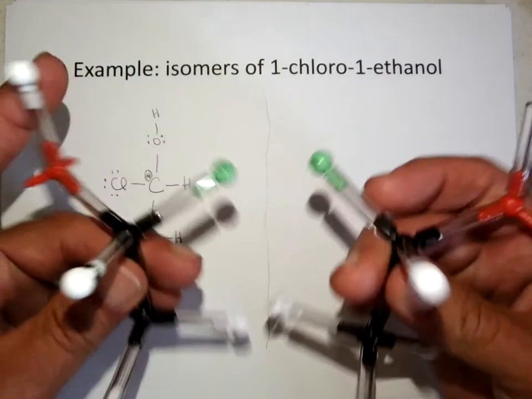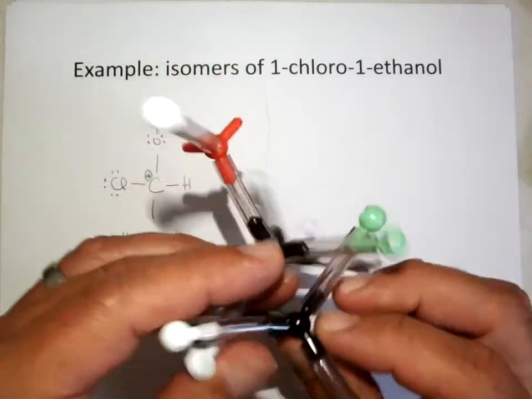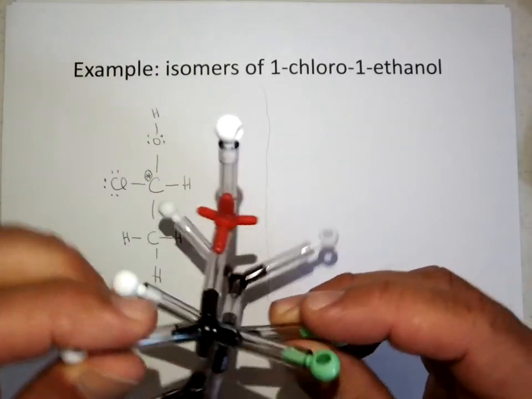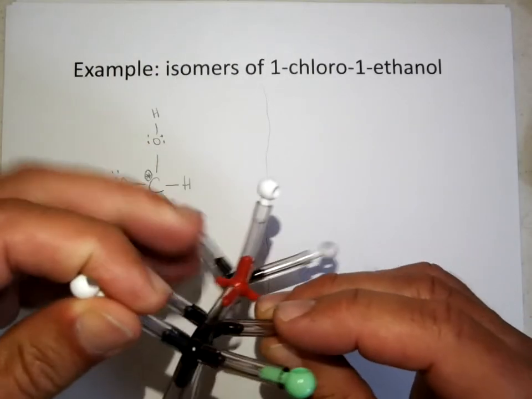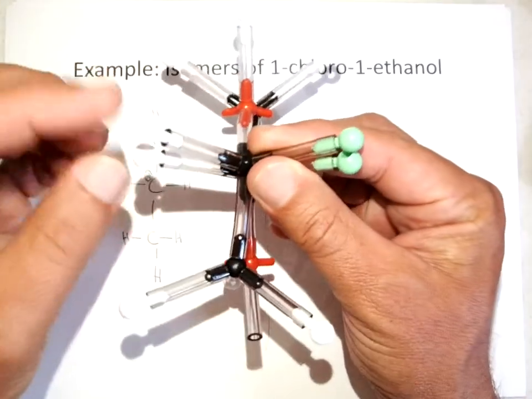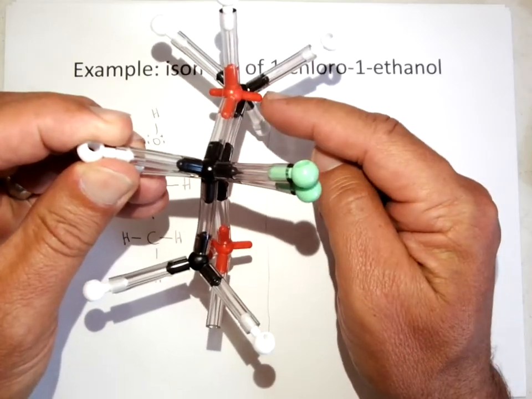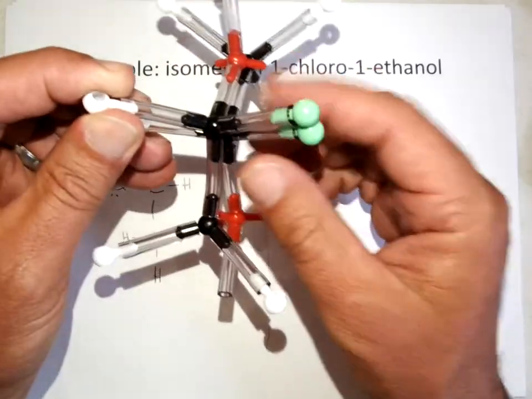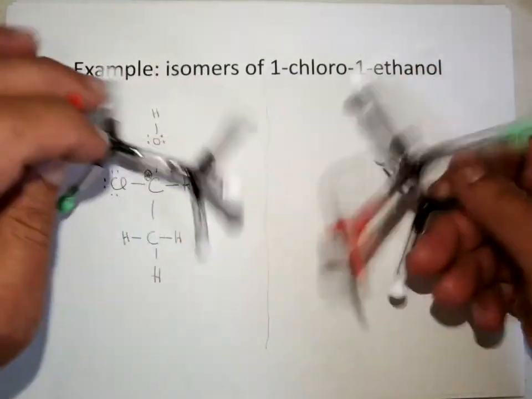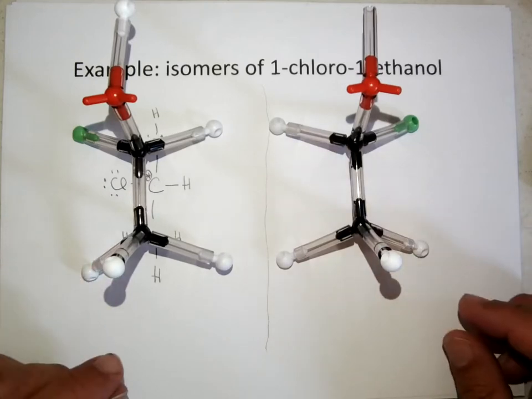I can try another strategy and try to line up the chlorine and the hydrogen. Again, this one's a little more difficult because of the management of the other groups, but there we go. We've got the hydrogen and the chlorine lined up. Now you can see the head's lining up with the tail. It's not working out. So these two are clearly different. I cannot superimpose them and have everything line up. They are mirror images.